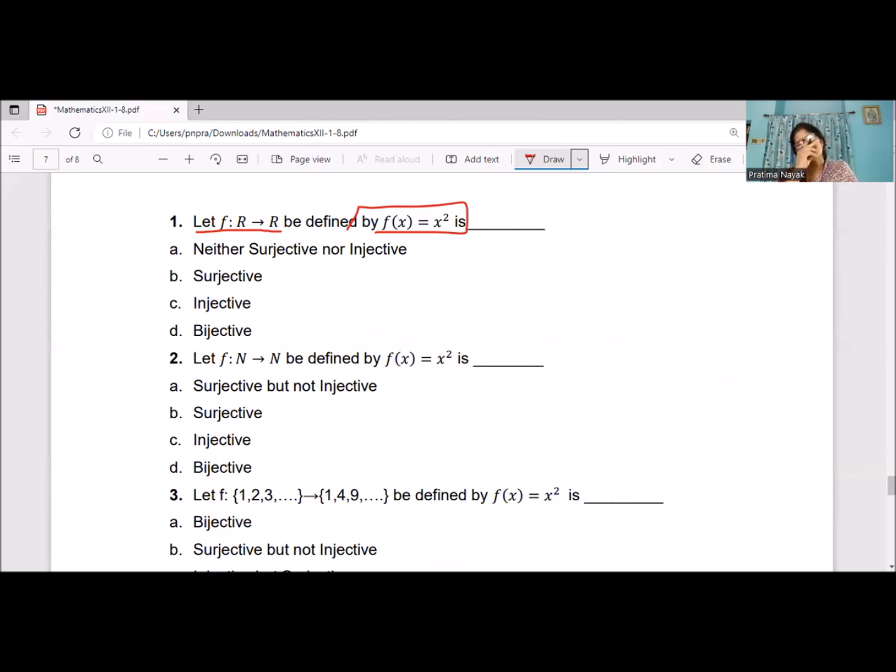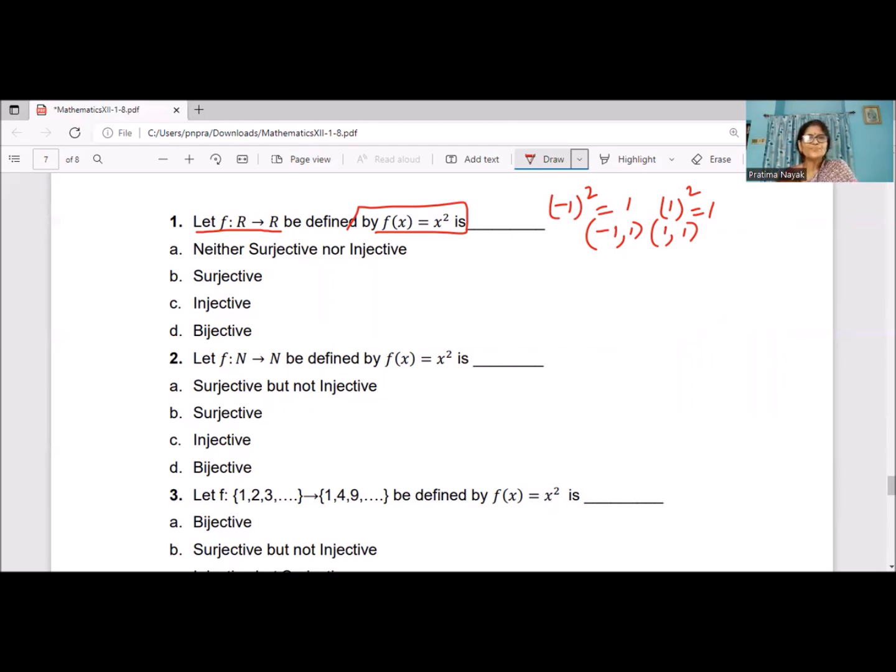As I told, a quadratic function is never one-one. Why? Because minus 1 square is 1, and 1 square is also 1. I am taking a very simple example. So minus 1 and 1 are a pair. So it is never a one-one function. It will be a many-one function. Many-one function means it is not injective, but that option is not there.